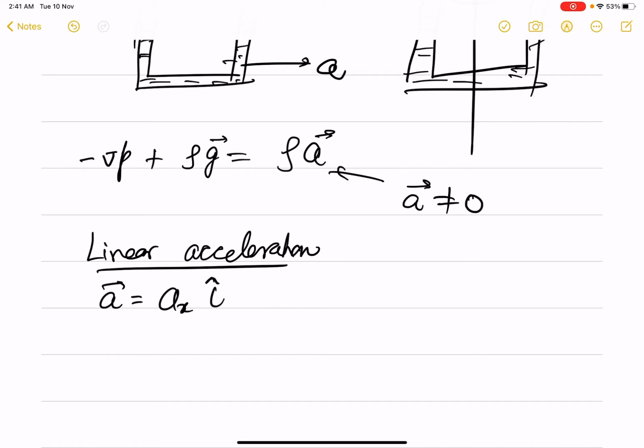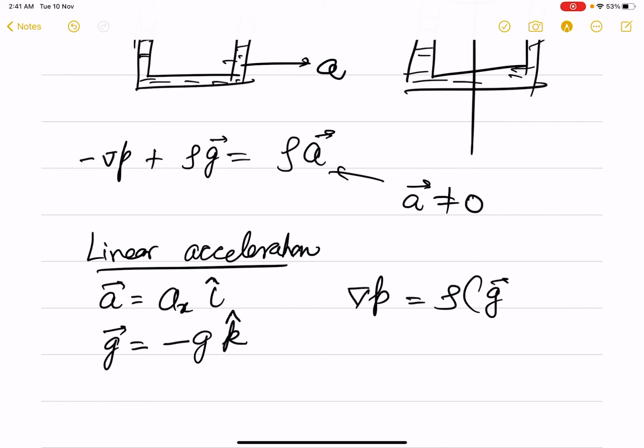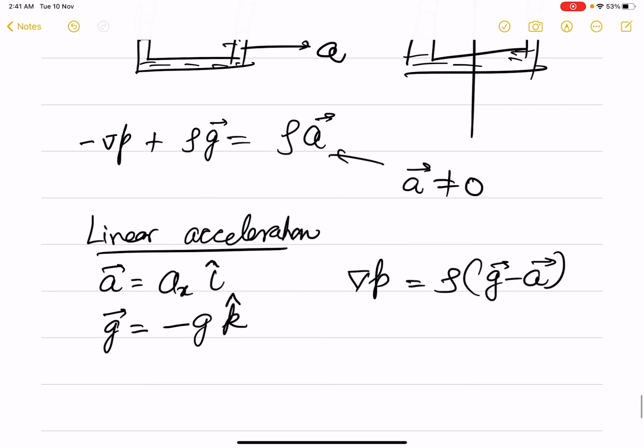It could be in the z direction also, but we'll leave that for you to do on your own. g is equal to minus g k. And of course we have the relation grad P is equal to rho times (g minus A). So let us write the x component.